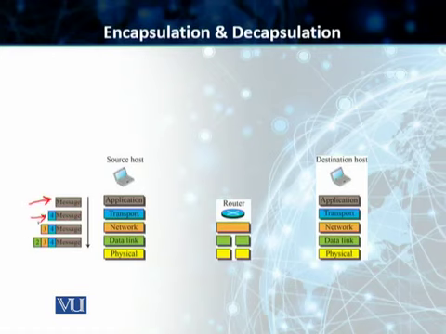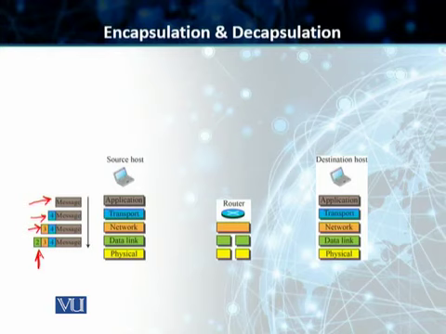This segment then comes to the network layer, and the network layer adds its own header, which is represented by number 3 here. This datagram then comes to the data link layer, and the data link layer adds its own specific header before this goes to the physical layer.